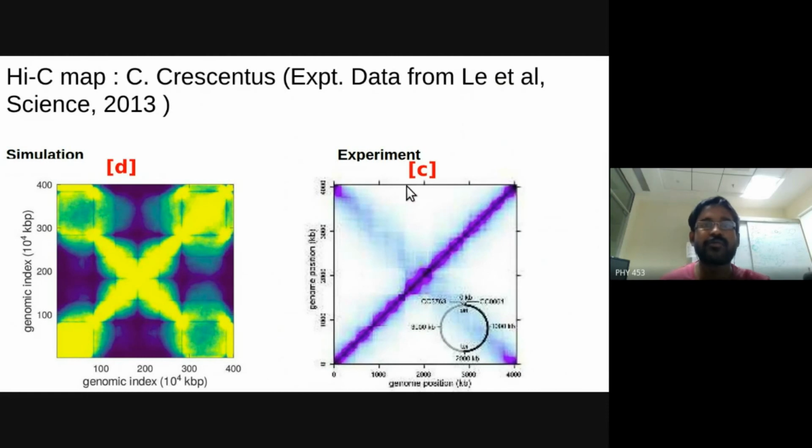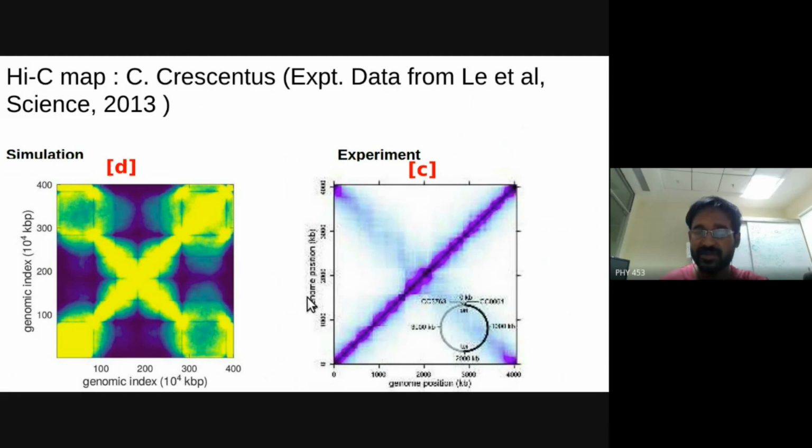Furthermore, the Hi-C data for C. crescentus also shows a match with our simulated data. Here we show data of the experiment conducted by Le and others in 2013. In the C. crescentus Hi-C map, one has the double diagonal feature. We recover the double diagonal feature in our simulations as well.